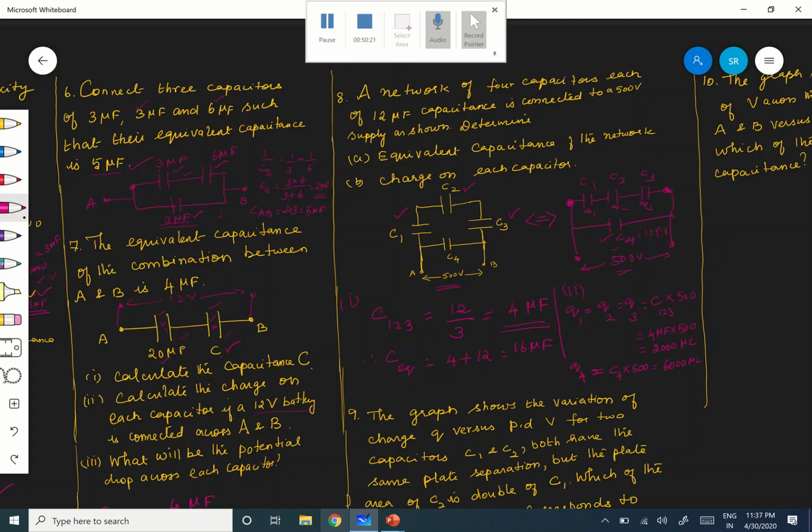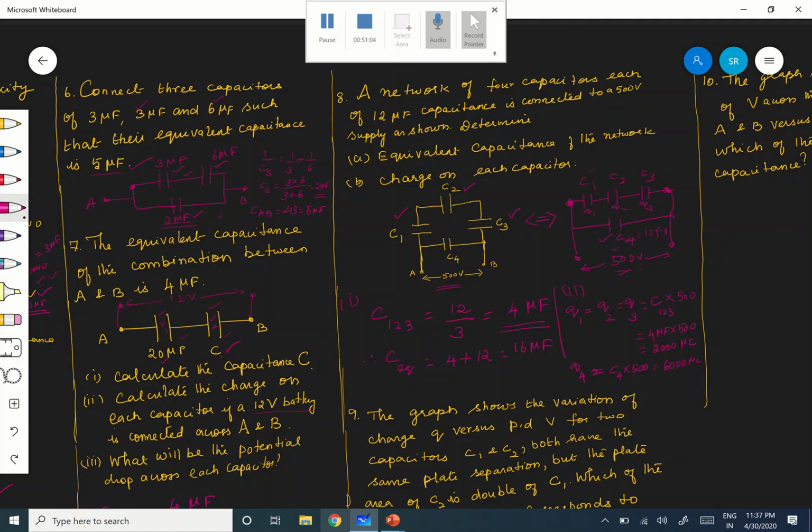You can even do it in a different way. First you find out for C4. Why C4? Because C4 is directly connected to 500. Therefore, what is the charge stored in the capacitor C4? That is 6000. But that 6000 is equally shared between C1, C2 and C3 because they are connected in series. Connected in series means the charge on capacitors C1, C2, C3 should be the same.